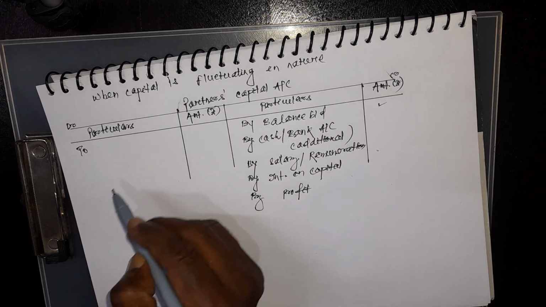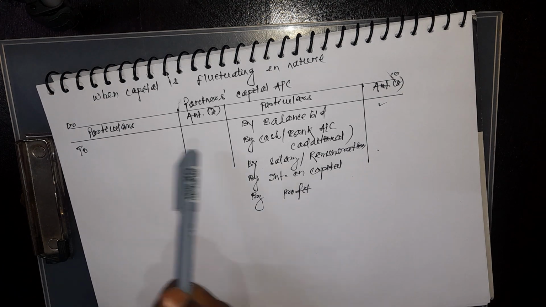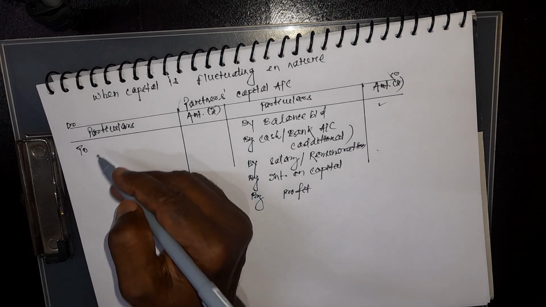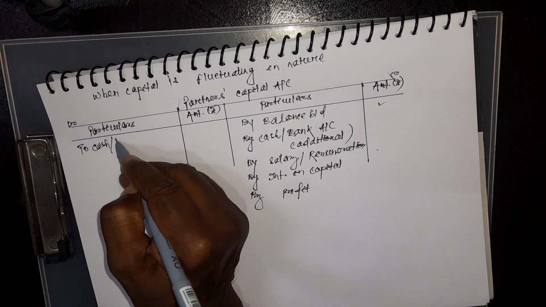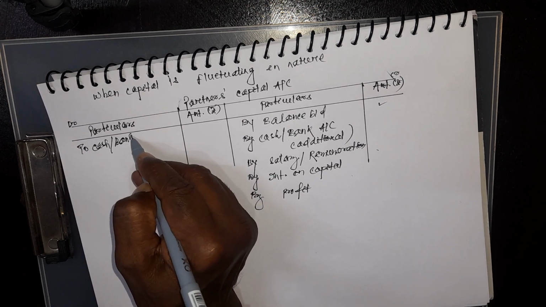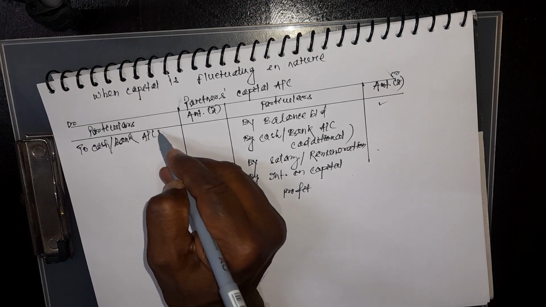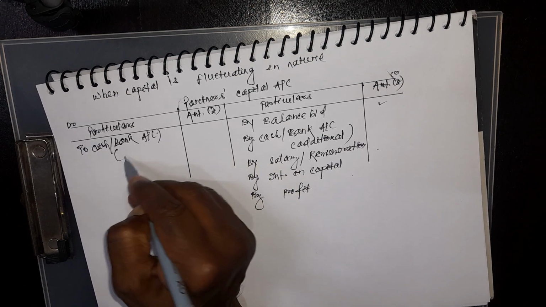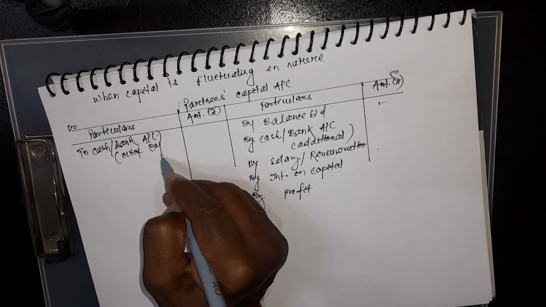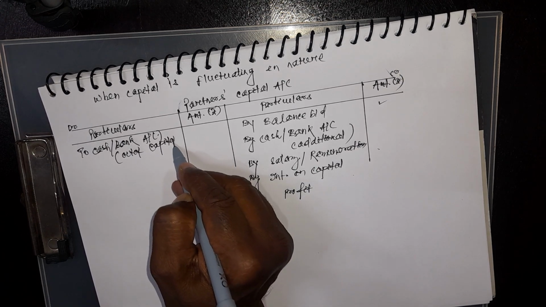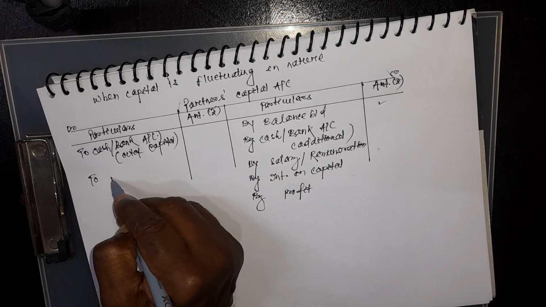Then on the debit side, here you will write both drawing out of profit and drawing out of capital. You can write to cash or bank account, that is drawing out of capital, and to drawing out of profit.